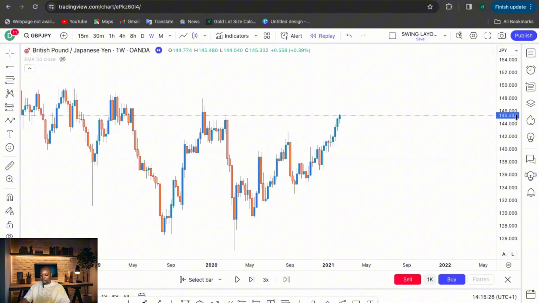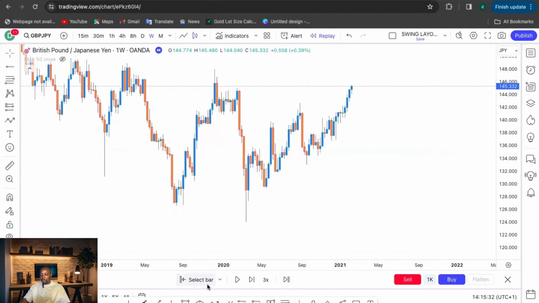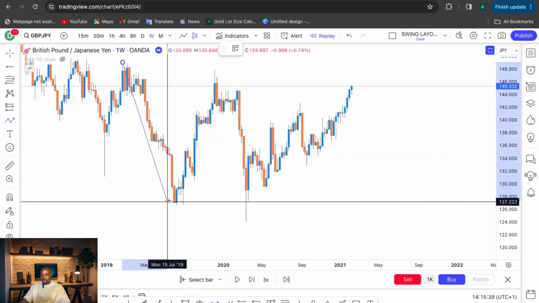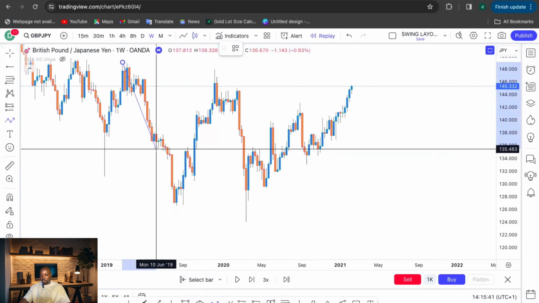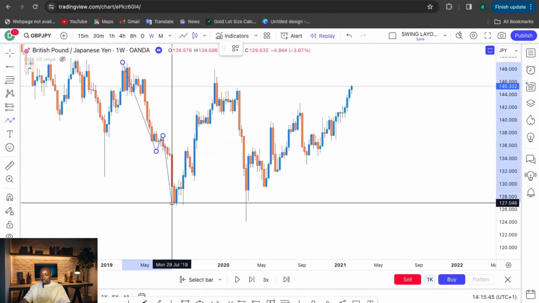On the weekly time frame, if we look closely, we can find that this market was trending up from this high, came lower. See this two candle pullback, lower high, lower low.